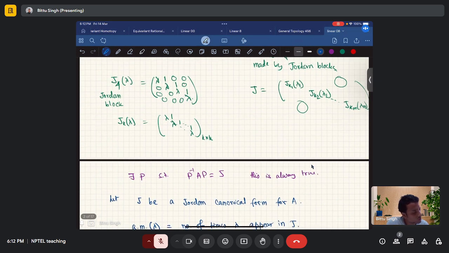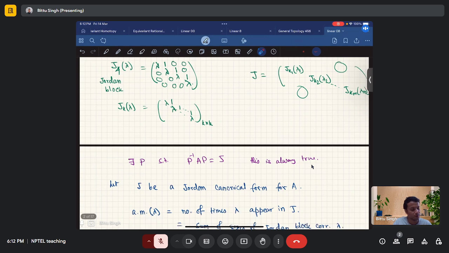For example, these are the Jordan blocks corresponding to lambda 1, because these blocks contain all entries where the diagonal entries are lambda 1. Similarly, these are the Jordan blocks corresponding to lambda 2, and the size is given here. For example, J4 lambda has size 4, right? Similarly, Jk has size k.